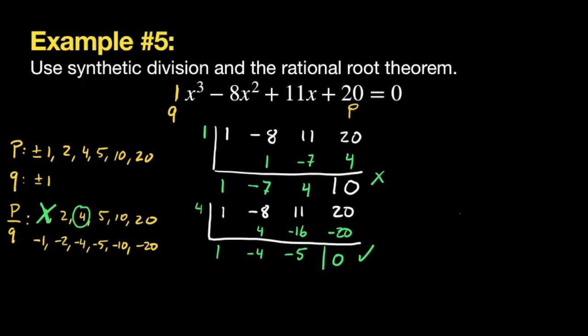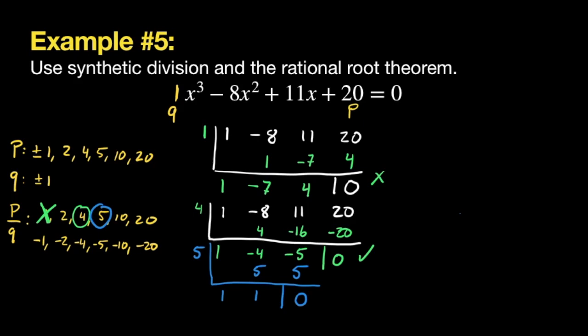The next number that we're going to do is going to be 5. 1 times 5 gives us 5, a remainder of 1, and then we get 5, and our answer is 0. So we know that in this case, this was a valid number, so 5 also works.